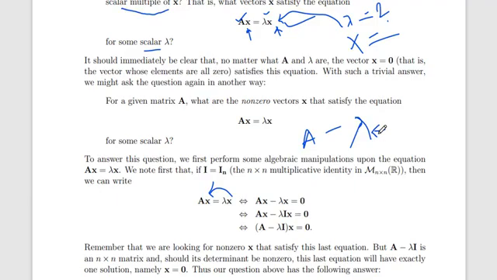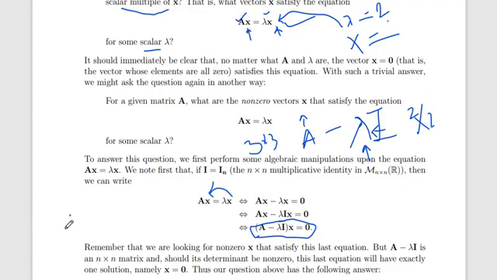So we have to transfer this into a matrix. How? We multiply by an identity matrix of the same size as the matrix. If it is a 2 by 2 matrix, then the identity matrix is also 2 by 2. If it is a 3 by 3 matrix, then the identity matrix is also 3 by 3. So we multiply with the identity matrix, and now we have this equation.